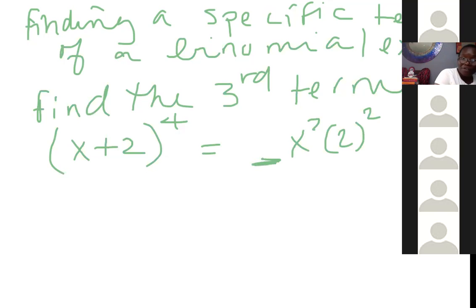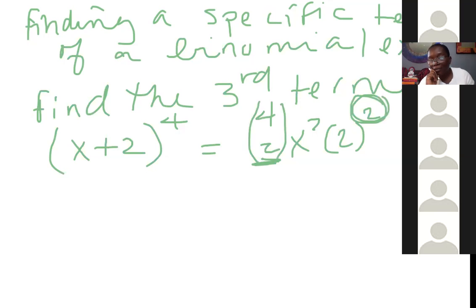How do you find the coefficient? Well, remember, when you do the coefficient, it's going to be 4 choose the power on the second term. So 4 choose 2. What do you guys think? And then you work it out, guys.